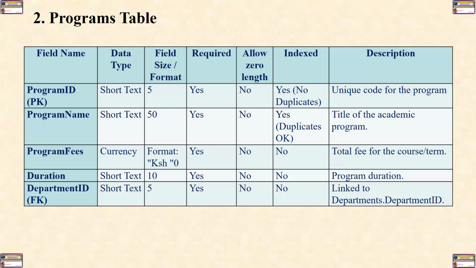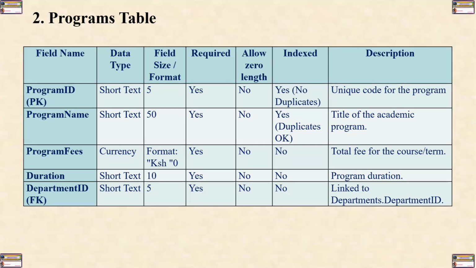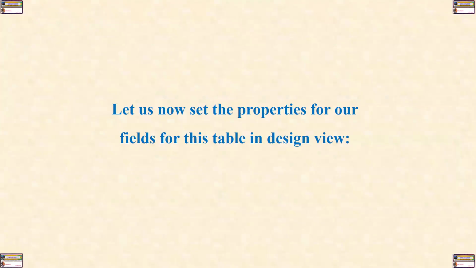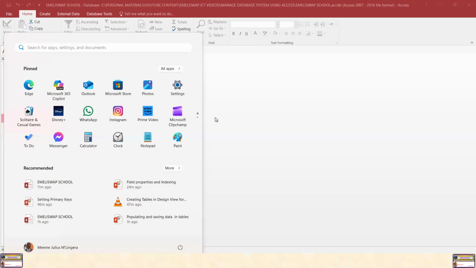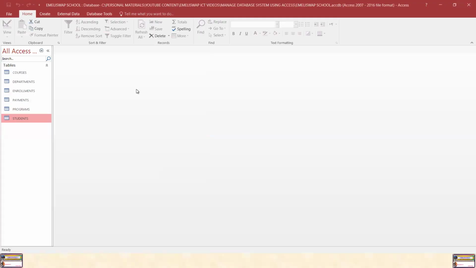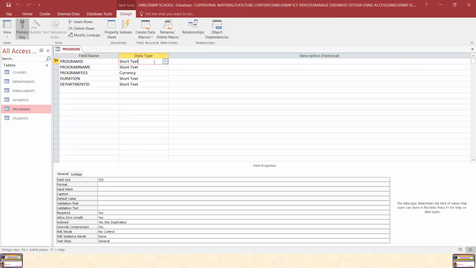So let's now proceed and set those properties in our database. So we open our database and we set those properties there. That is for the programs table. So we open the programs table in design view and set those properties just as we have discussed.